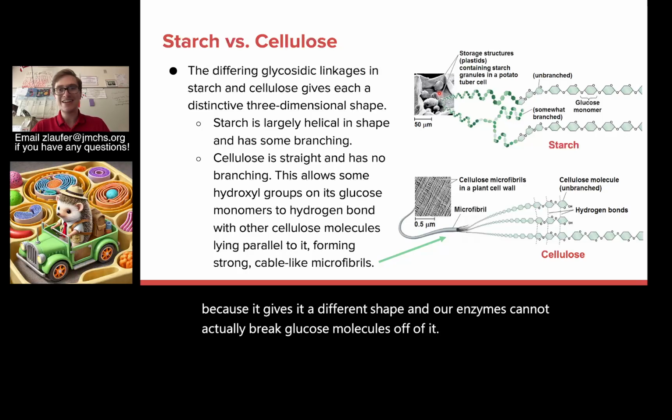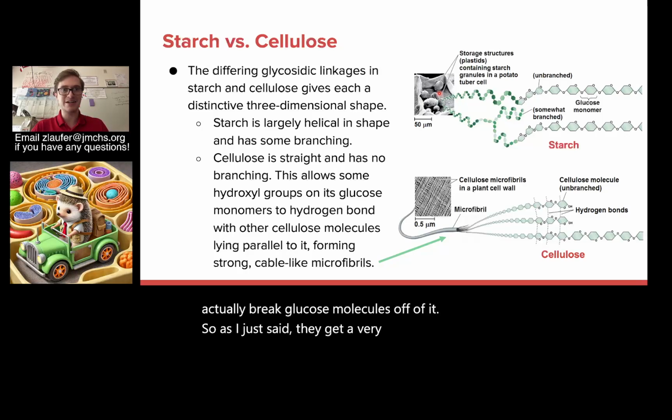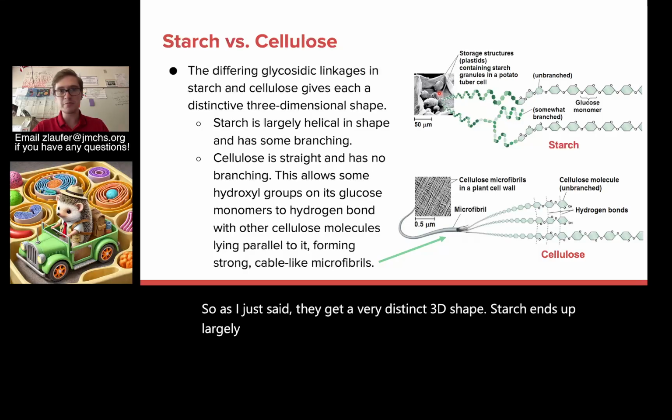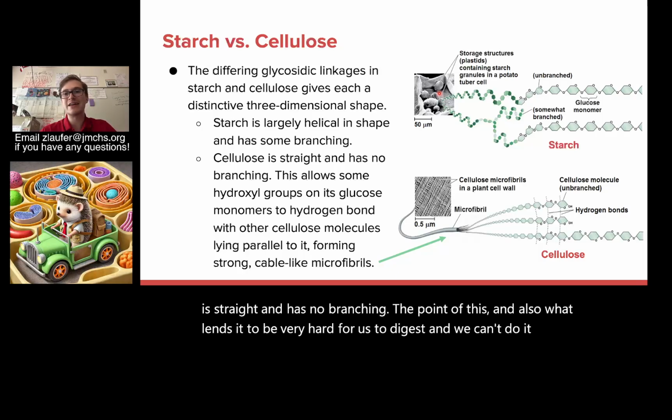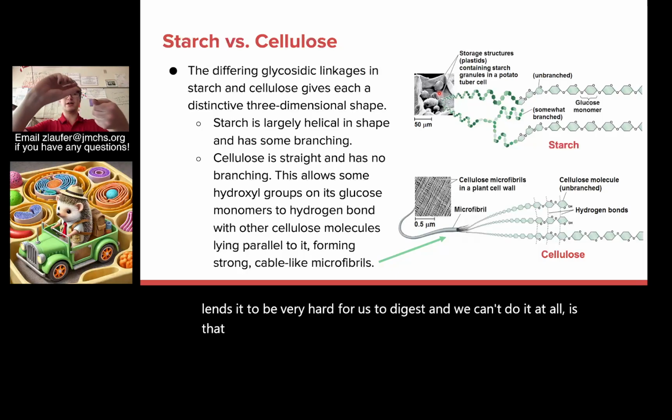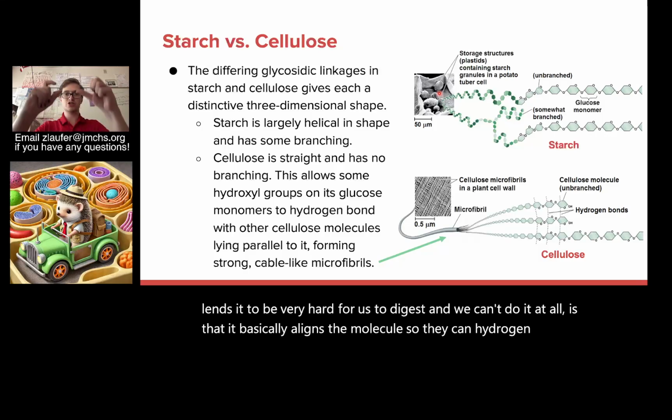So, as I just said, they get a very distinct 3D shape. Starch ends up largely helical, a little bit of branching, not too much, but cellulose is straight and has no branching. The point of this, and also what lends it to be very hard for us to digest, and we can't do it at all, is that it basically aligns the molecules so they can hydrogen bond with adjacent chains.